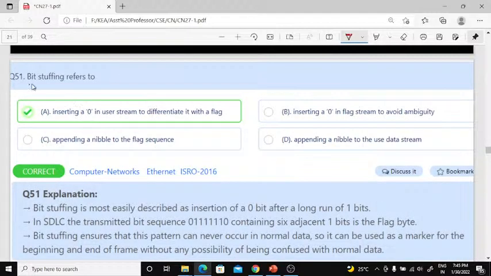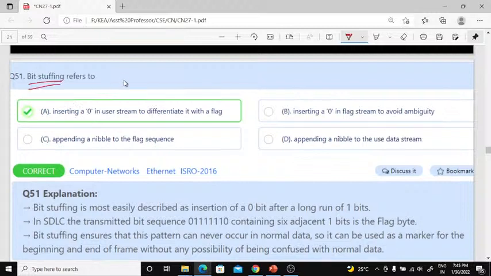So what is bit stuffing? Bit stuffing refers to inserting a zero in a user stream to differentiate it from a flag.